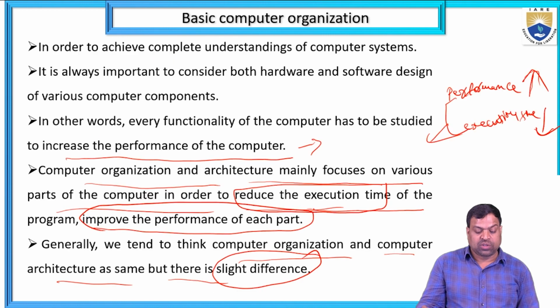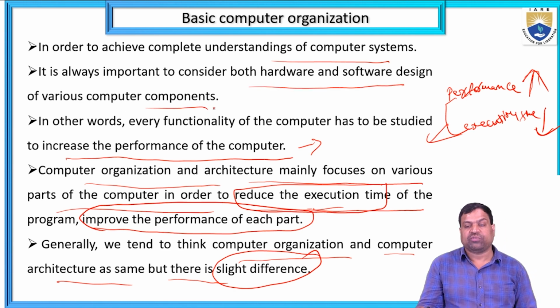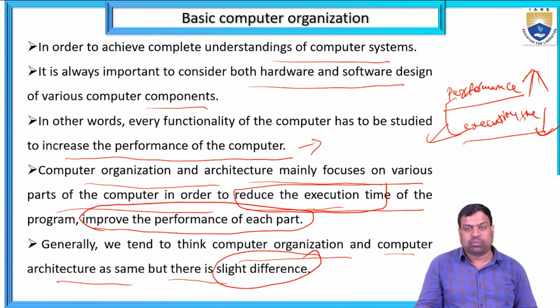To understand the computer system, the hardware and software design and the various components are important. We have to improve performance and decrease the execution time of the computer system, which is the performance improvement of the computer. Computer organization and computer architecture are both the same, but slight differences are there.